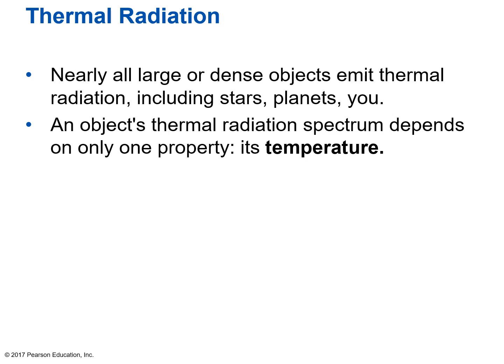Well, now we're going to look at thermal radiation, the idea that this energy radiates away into space. Nearly all large or dense objects emit thermal radiation. That includes stars, planets, and even you, the things in the room around you. They emit thermal radiation. An object's thermal radiation spectrum depends on only one property, its temperature.